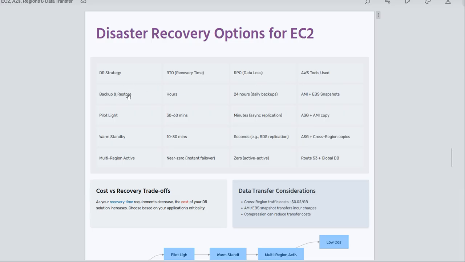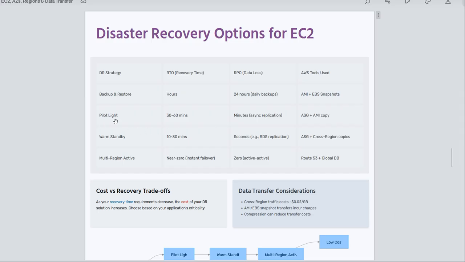Backup and restore: recovery time objective is hours. RPO is 24 hours, so with daily backups you restore from one of the daily backups. You can use Amazon Machine Images and EBS snapshots for block storage devices.